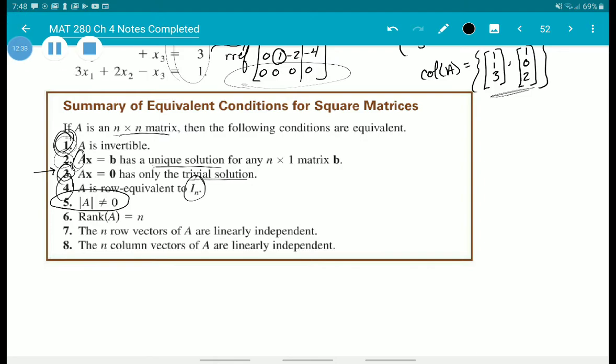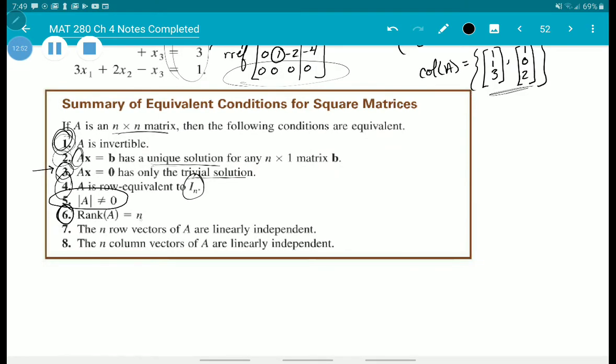That's one way we checked for invertibility, was by looking at the determinant of the matrix. And if we know that, we know something about the rank. Here's where we're adding new stuff. The rank of A has to be equal to n. And it has to be equal to n because we're row equivalent to that identity matrix.